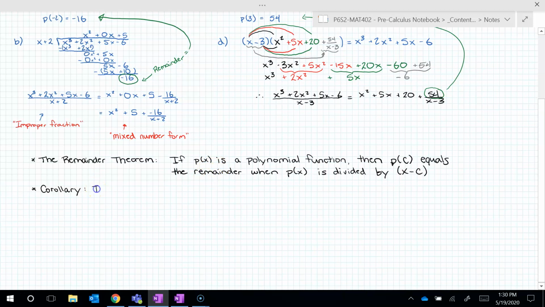We give this one its own name as well. These are kind of like your first theorems that we were doing in pre-calculus here. But they call this the factor theorem.